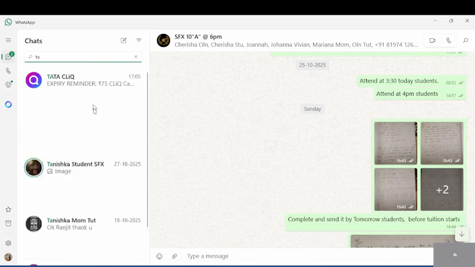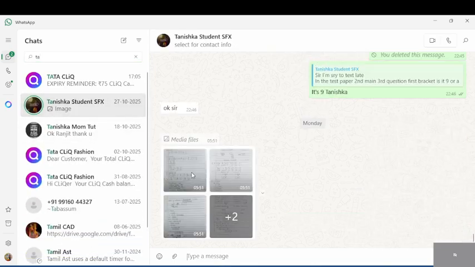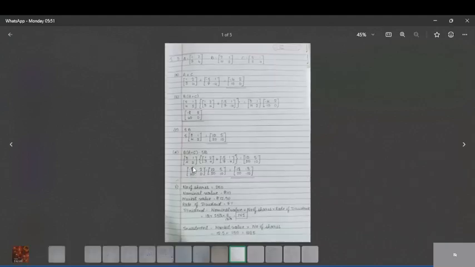I think I didn't teach. We started on Monday. Anishka, so you multiplied 2, 4, 2 minus 4. Oh, you just multiply directly. 1 into 2, 4 into 10. Okay, fine. That is wrong.